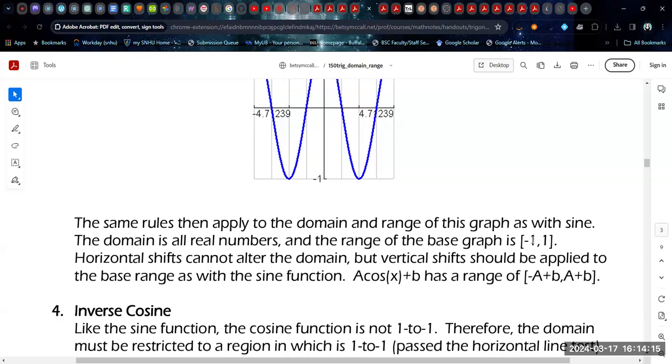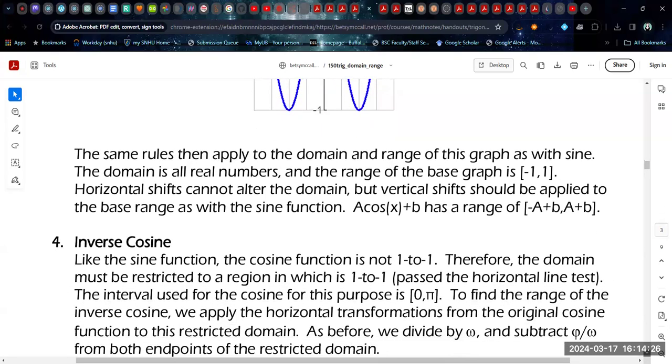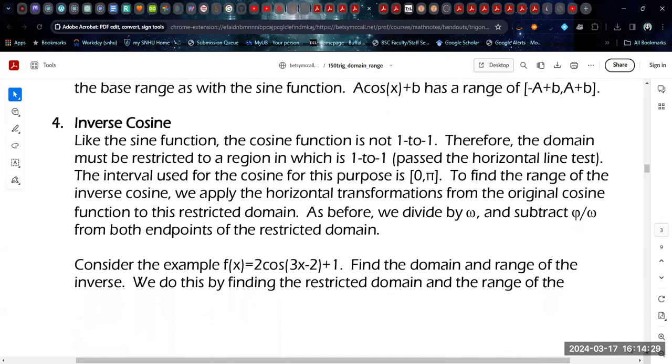The range is the same. It's negative 1 to 1. And if you apply any transformations, any vertical transformations, then those affect the range in the same way that they affected the sine. And again, other than the range of the inverse cosine being restricted to 0 to pi, the domain of the inverse cosine follows the range of the original cosine.